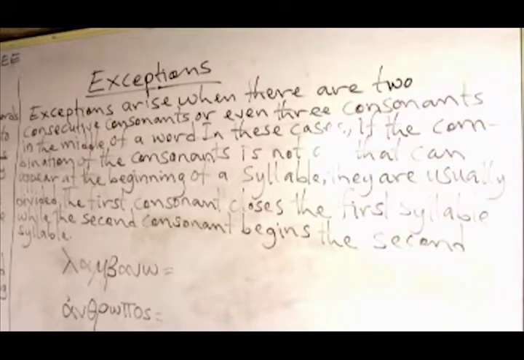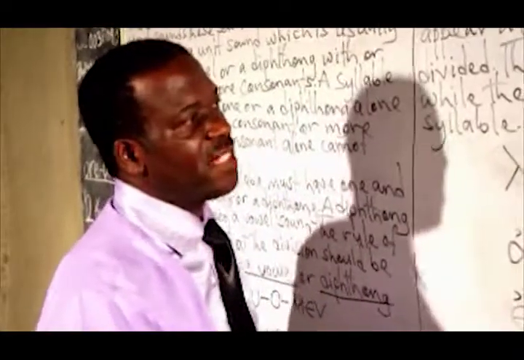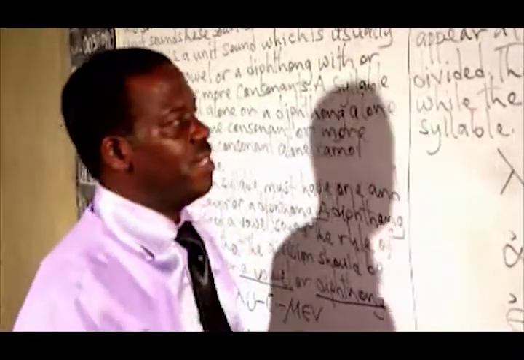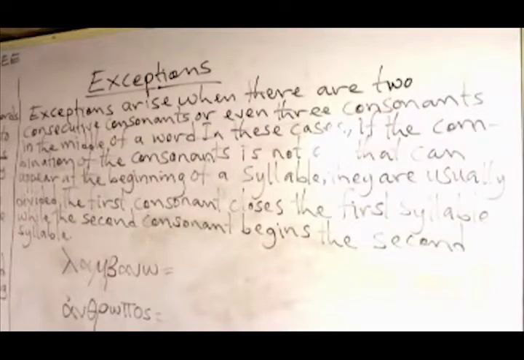In these cases, if the combination of the consonants is not one that can appear at the beginning of a syllable, they are usually divided. The first consonant closes the first syllable, while the second consonant begins the second syllable.